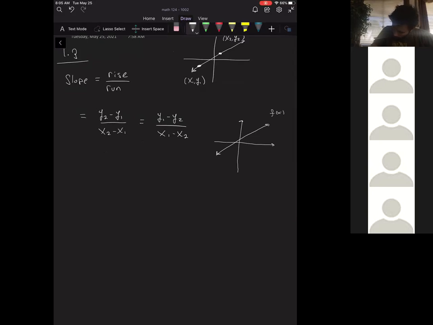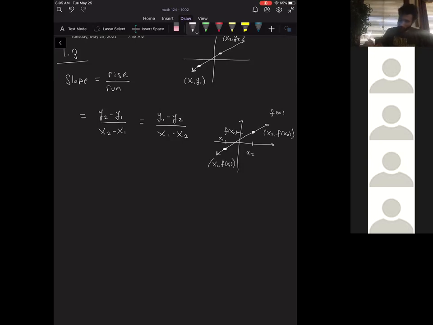If this is x2, when we find the function value, you just plug x2 into the equation. So this is f of x2. This point right here is x2, f of x2. We can think of f of x as just the y value. And here's x1, so just like above, this point is x1, f of x1.